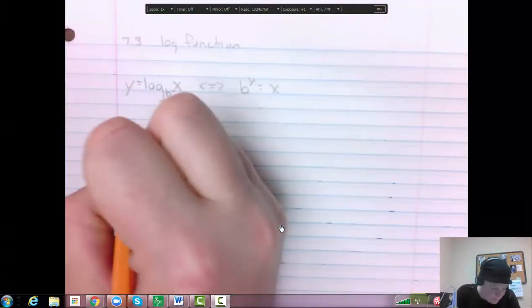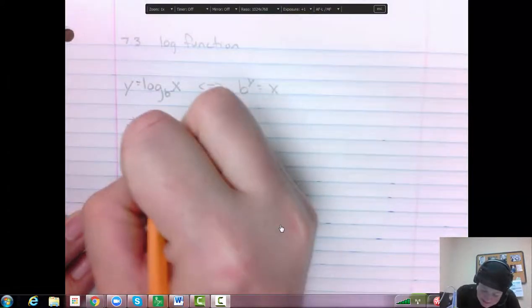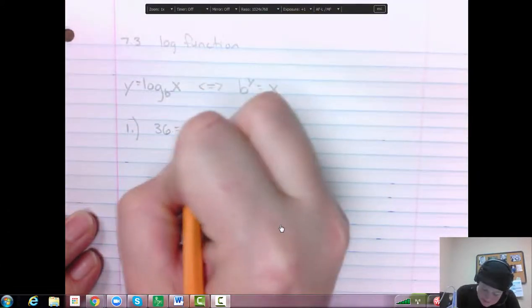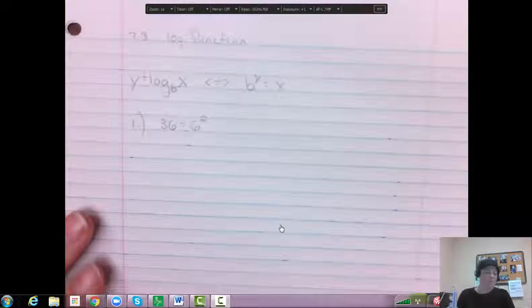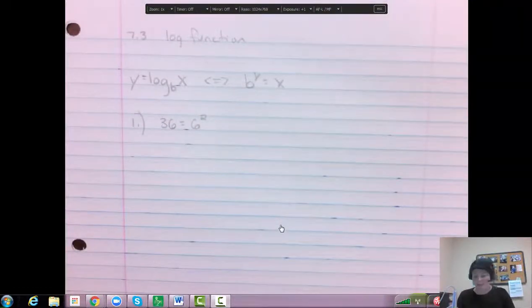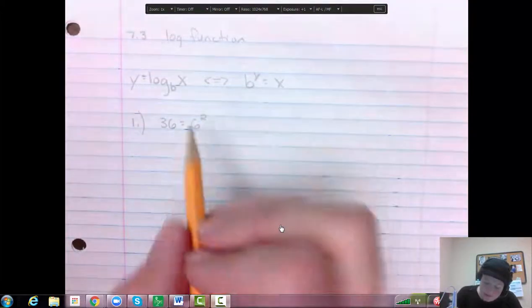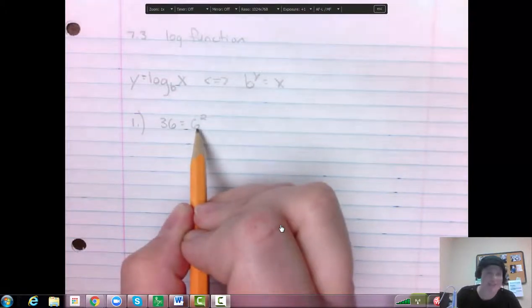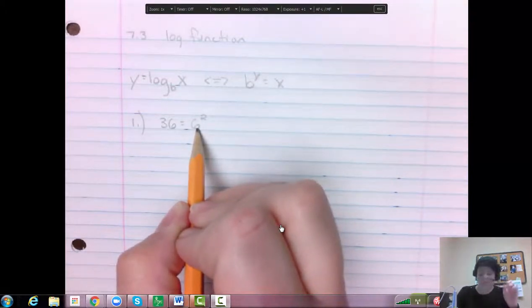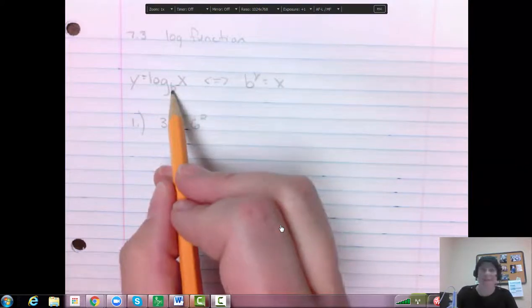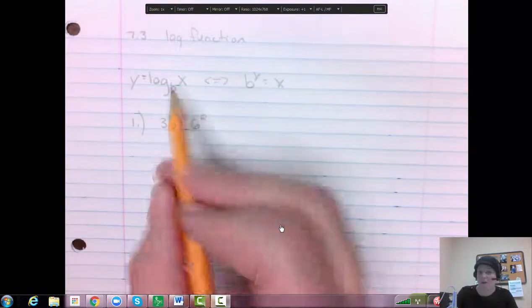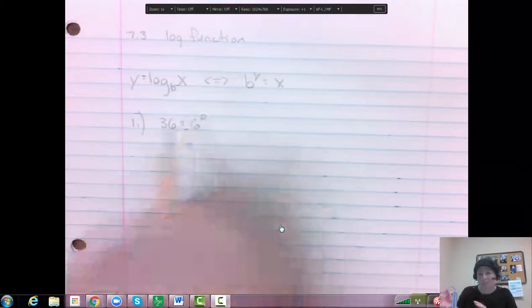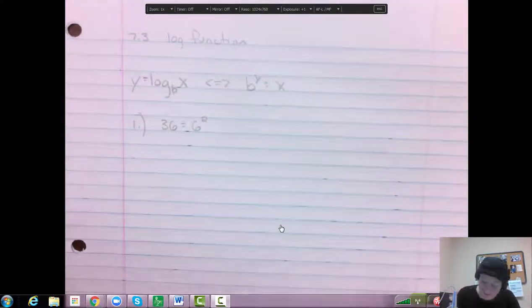Here's an example. If I have 36 equals 6 to the second power, we know this is true, 36 equals 36, but we want to write it in log form. The base of the exponent is the same as the base of the log, so those are always going to be the same. Bases stay the same, and that helps with writing it in log form.